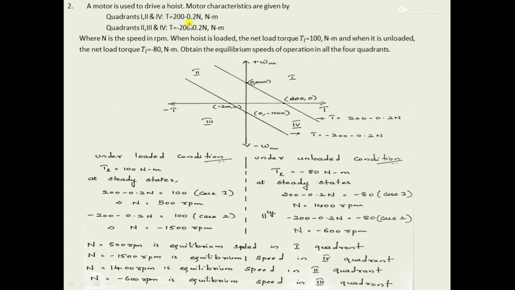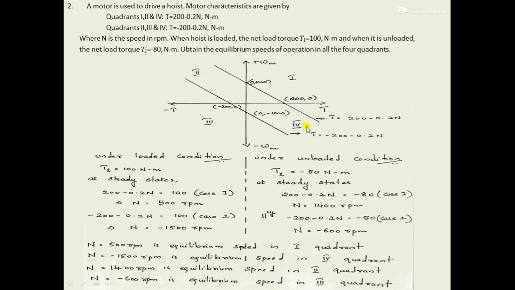Now the characteristics of motor are given for different quadrants of operation. For the first, second and fourth quadrant of operation, the motor characteristic is given as 200 minus 0.2 N. So you just need to draw a line through the first, second and the fourth quadrant.